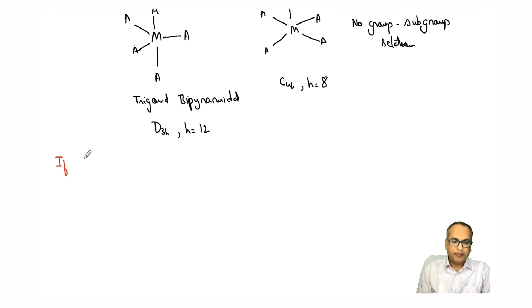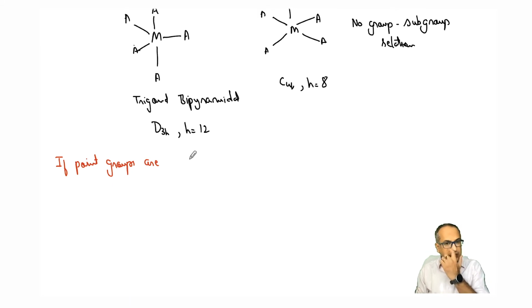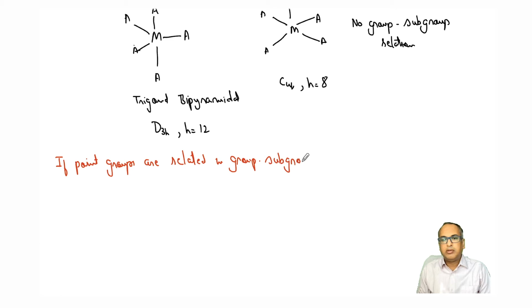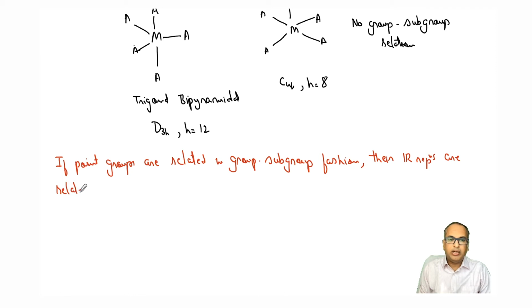If point groups are related in a group subgroup fashion, then their irreducible representations are related too. How they are related, we will see.